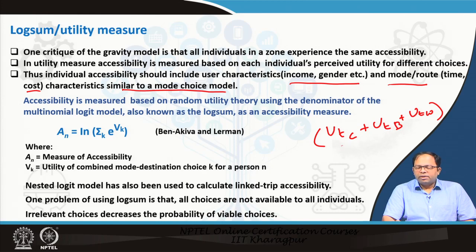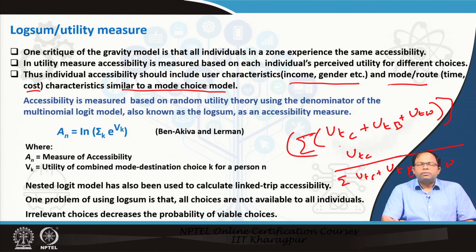If I have the utility of so many modes, the probability of one mode becomes UTC divided by this entire value, which is the summation of UTC plus UTB plus UTW. So this entire measure goes below, and this is UTC. Using this, we can find the probability that a person will be using the car, because it is the utility of car divided by the utilities of all the different modes.